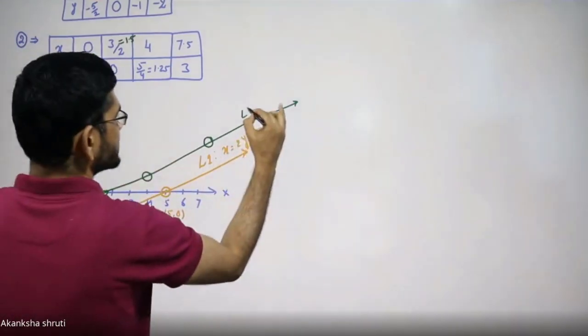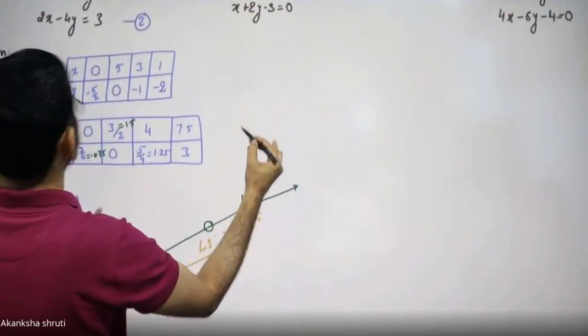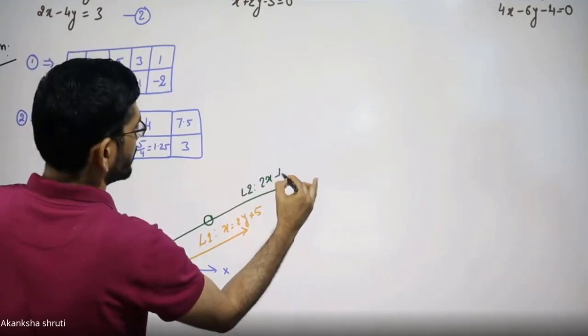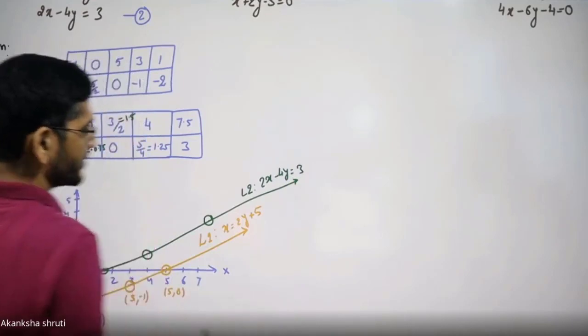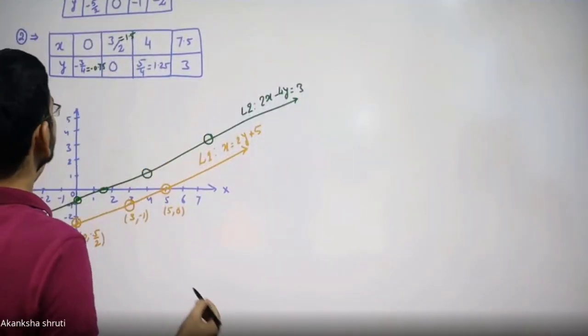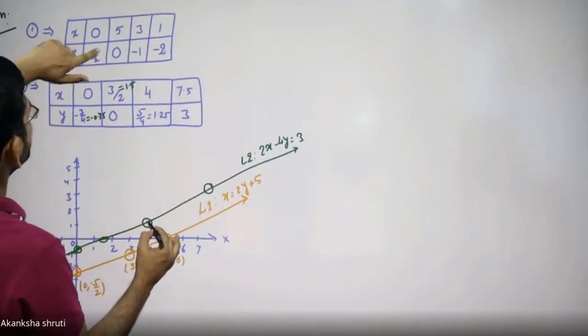This is our line 2, which is corresponding to the equation 2x minus 4y is equals to 3. Do not forget to mark these points. What I have taken here, let me put some of them.